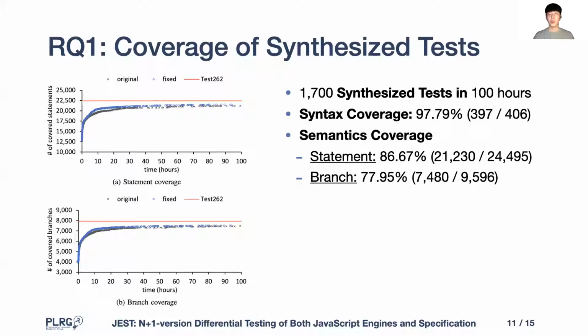These two figures describe how the semantics coverage changes during the test synthesis. It shows that the conformance tests synthesized by JEST have similar semantics coverage compared to test262, and the coverage slightly increases after fixing specification bugs in ECMAScript.